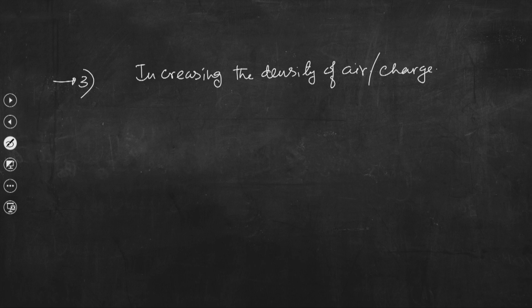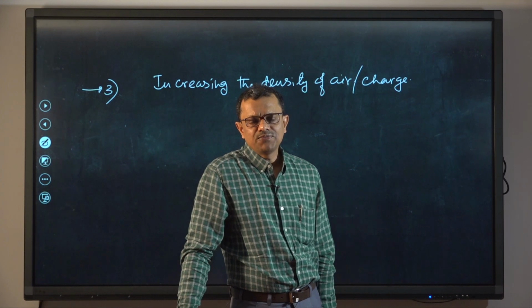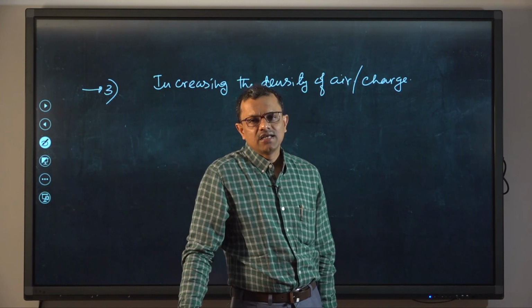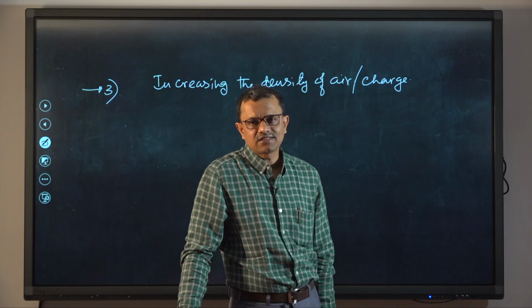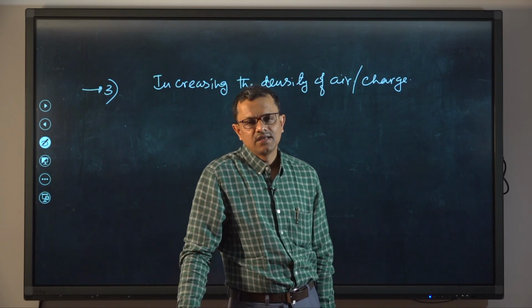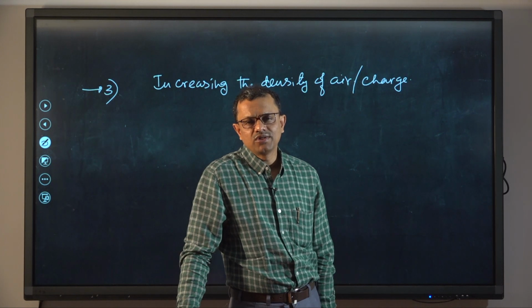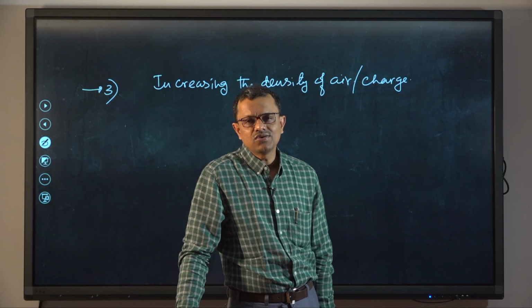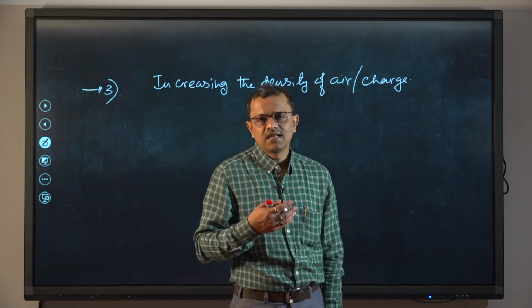That is what I was talking about in the beginning of today's class. So if we can increase density, even if we keep the displacement volume fixed and speed fixed, density will ensure higher mass of air to be consumed during the intake stroke, and we can burn a larger amount of fuel.